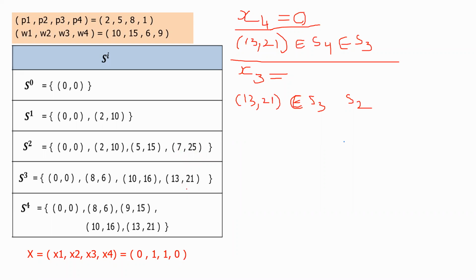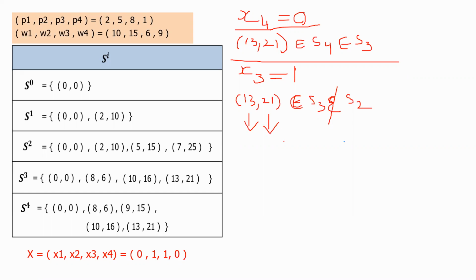Now, whenever we are including the third object into the bag, that means x3 will be equal to 1, because 13, 21 belongs to S3, but it does not belong to S2, so the third object will be included into the bag. Now, whenever it is so, X3 will be equal to 1. Then continuing, whenever we have decided that the third object will be included into the bag, you have to perform a minus operation.